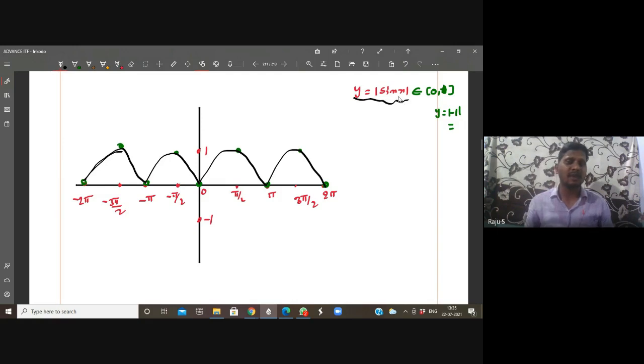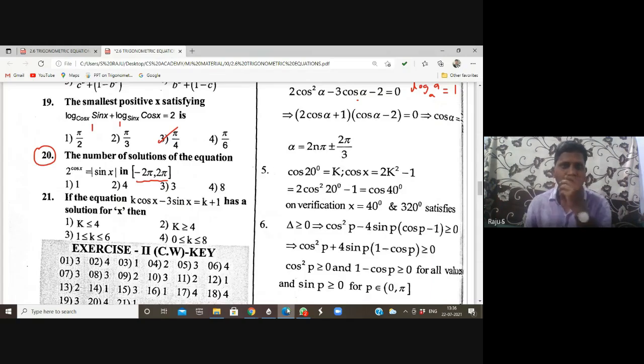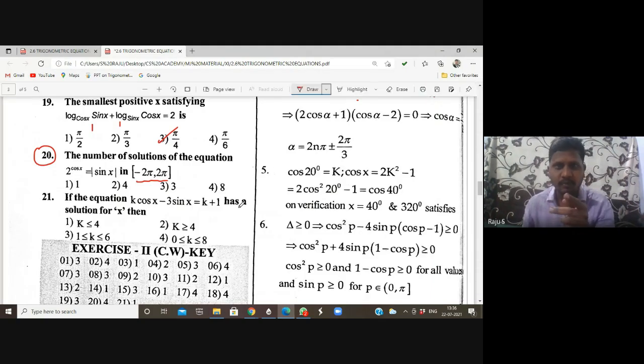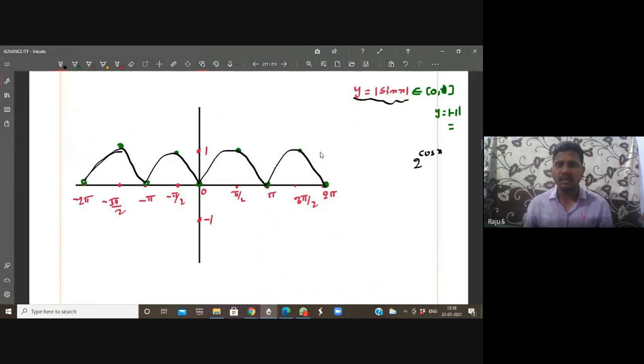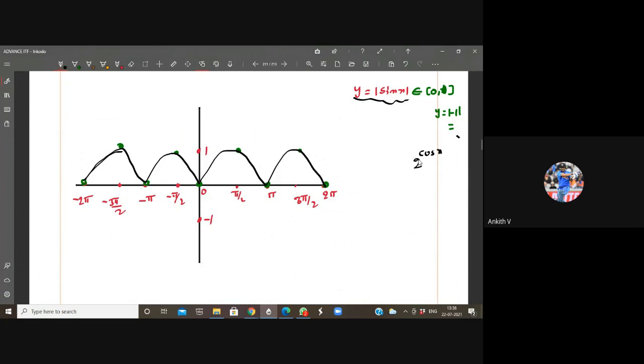So with the help of graphical representation alone, we can say the number of solutions. Now I'm going to draw the graph of 2 to the power of cos x. Tell me students, when x value is 0, it will start from 1?